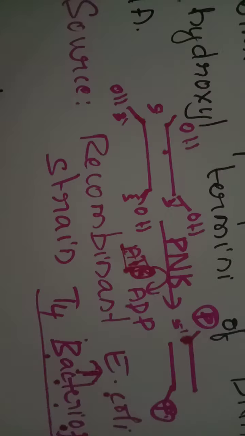Now coming to the applications of polynucleotide kinase. The first is end labeling of DNA or RNA. Here we are adding a new phosphate group, but rather than a normal phosphate group, we can add a probe or a fluorescent molecule and label it.